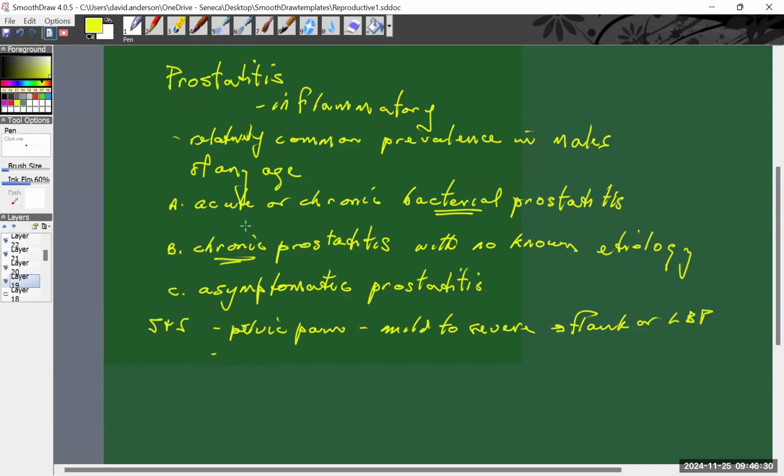So it needs to be differentiated from other sources of problems that might affect those areas. Dysuria, frequency, so you can see that when you look at these sorts of symptoms, they're very, very closely related, and it becomes a very important differential diagnosis to BPH.